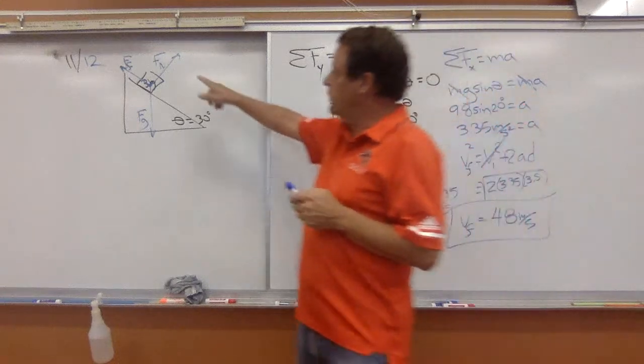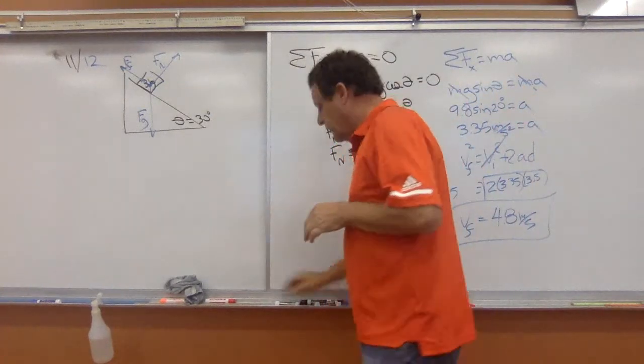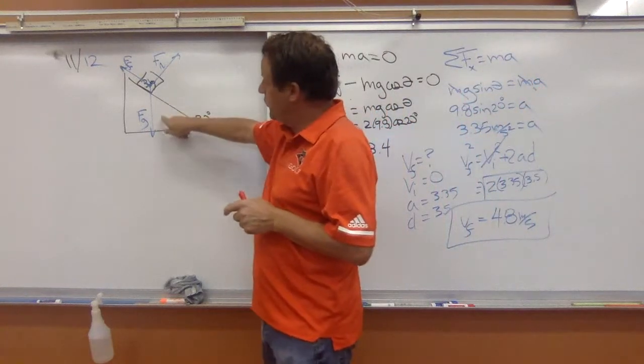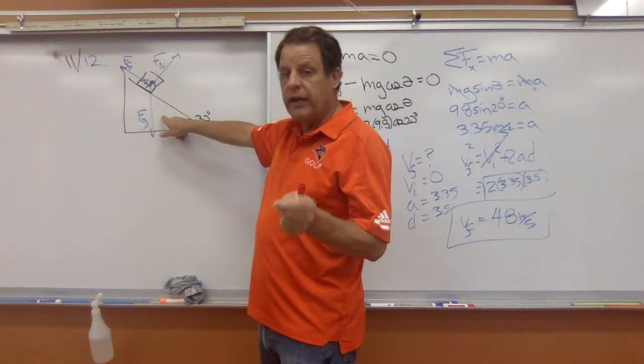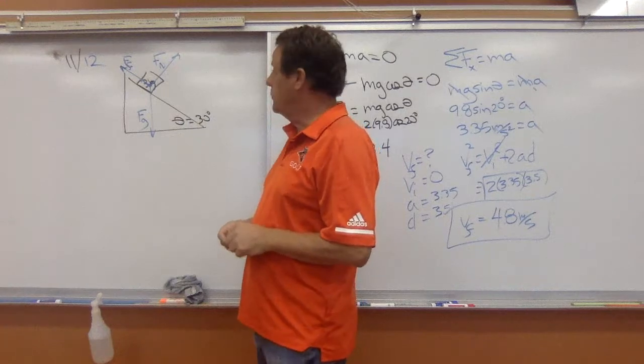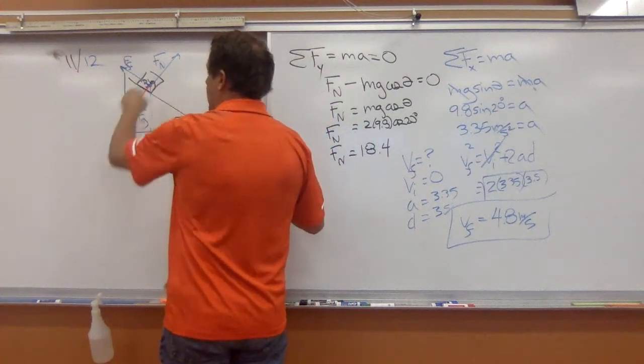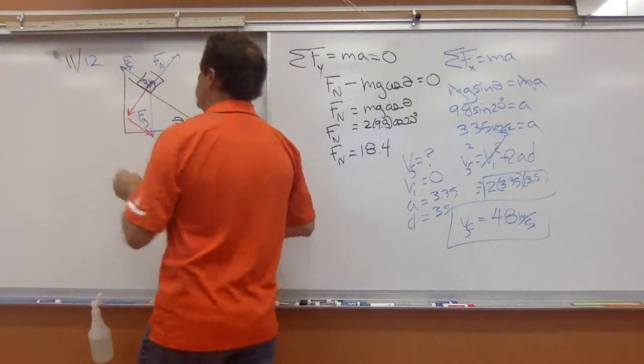Our second task is to solve for this normal force. And just like before, we want to resolve all the vectors that are not in our convenient XY coordinate system. So just like before, we have this one that's going opposite and this one that's going down.